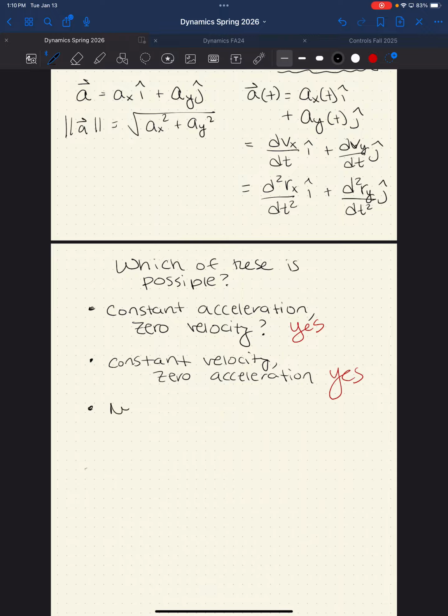Can we have negative acceleration but positive velocity? I heard a yes. Yeah, how is that?